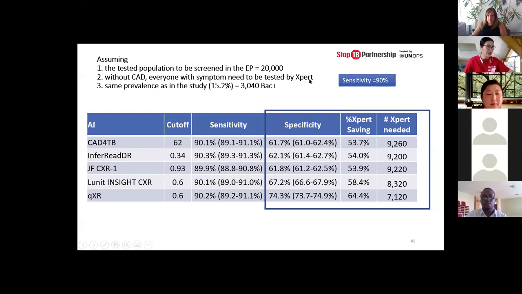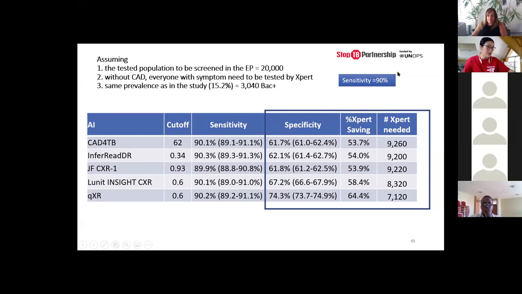Without CAD, everyone gets GeneXpert, and the prevalence we try to match with the Bangladesh paper, so 15%. That means 3,000 are bacteriologically positive. When we use the sensitivity at 90%, this is a TPP target, to select the cutoff score.